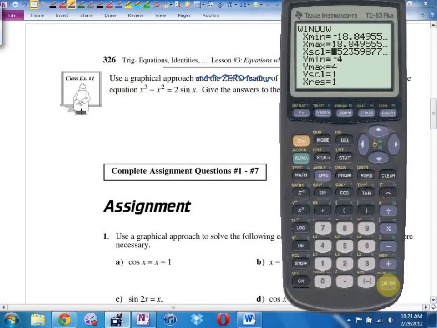What's my fallback when in doubt for scale? Pi by 6, which it already is. Dominique, what's the amplitude of this trig function? How high will it go? How low? I'll go between negative 3 and positive 3 then, kind of center it. Try that, hit graph.